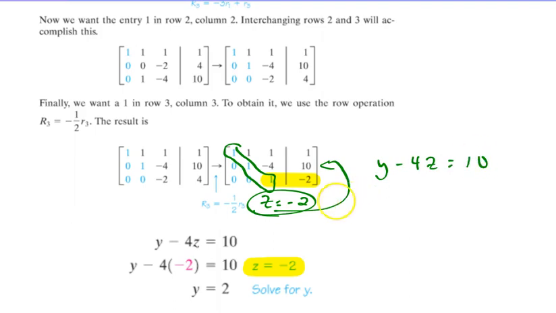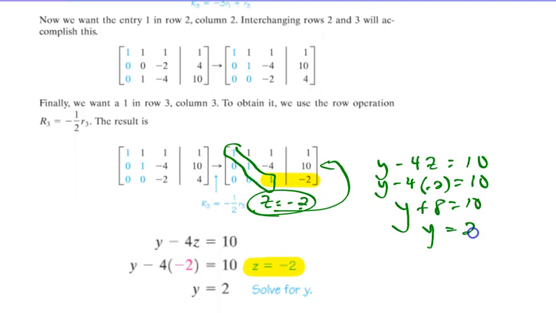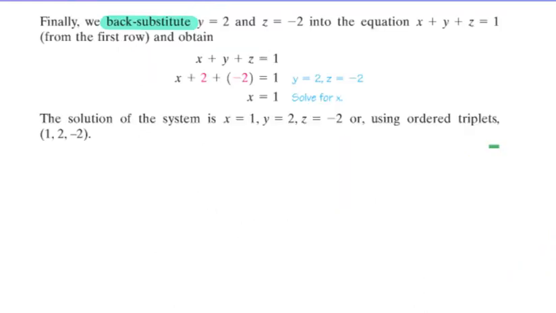And then they'll plug that z value in, so y minus 4 times the negative 2 equals 10. When y plus 8 equals 10, or y equals 2, then they'll take the y and the z and they'll plug it back into the top equation, or the original equation, and eventually get the final solution, x is 1. So they'll write it in x, y, z form.